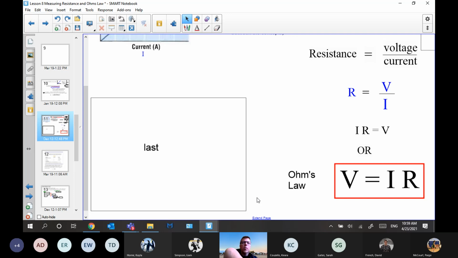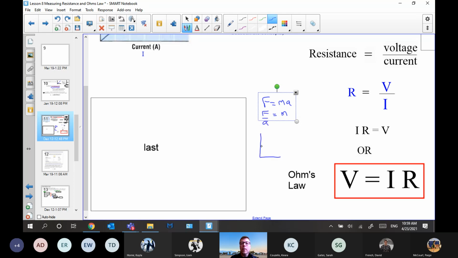So just a trip down memory lane. We did that for F equals MA, right? We had F equals MA, and so we knew that mass was the force divided by the acceleration. And so we had a graph where it was like, okay, what kind of force and acceleration relationship is there?